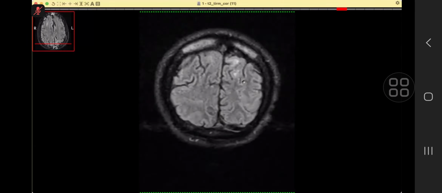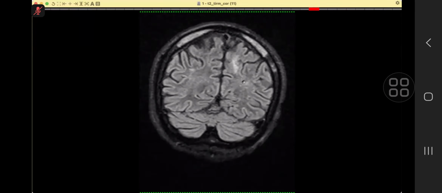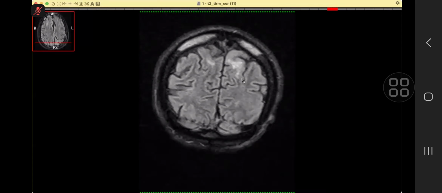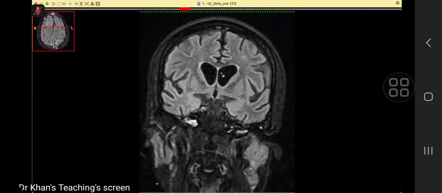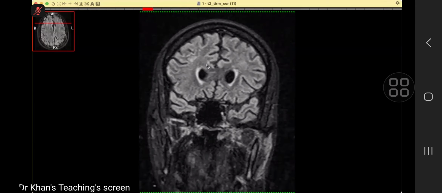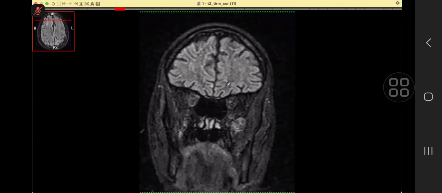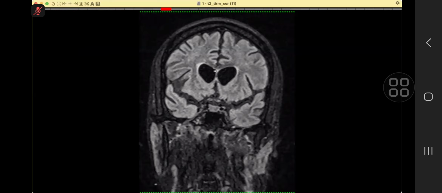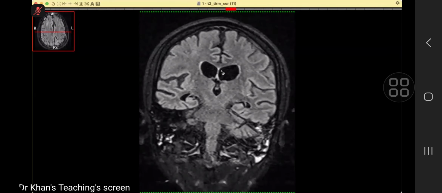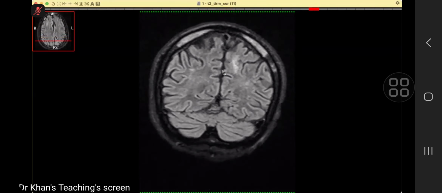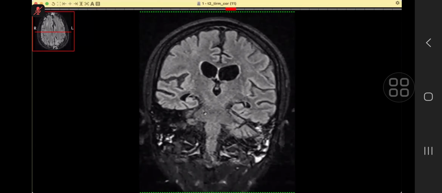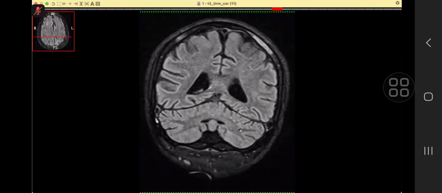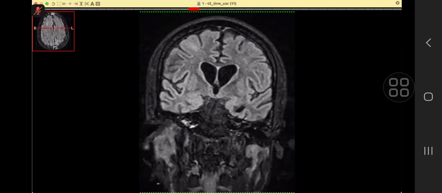Similar areas are also seen in the bilateral occipital, posterior occipital regions, and going further, in the right parietal subcortical region. Also I can see bilateral mastoid effusions. I would like to see the diffusion and the post-contrast images.